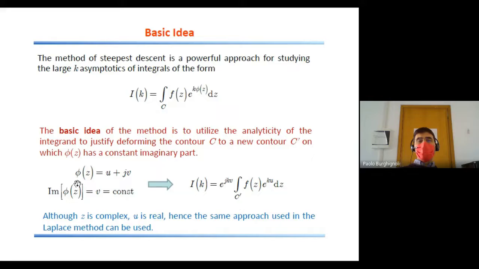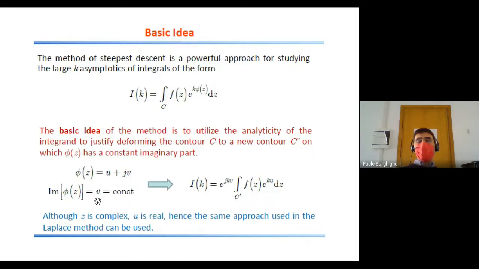So if you represent this function phi by splitting its real and imaginary parts as u plus jv, where u is the real part and v is the imaginary part, we will consider the locus of points in the complex plane where v, the imaginary part, is equal to some constant.